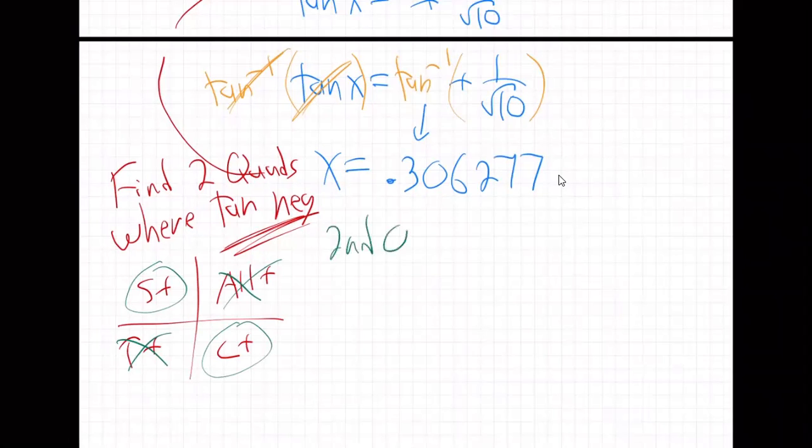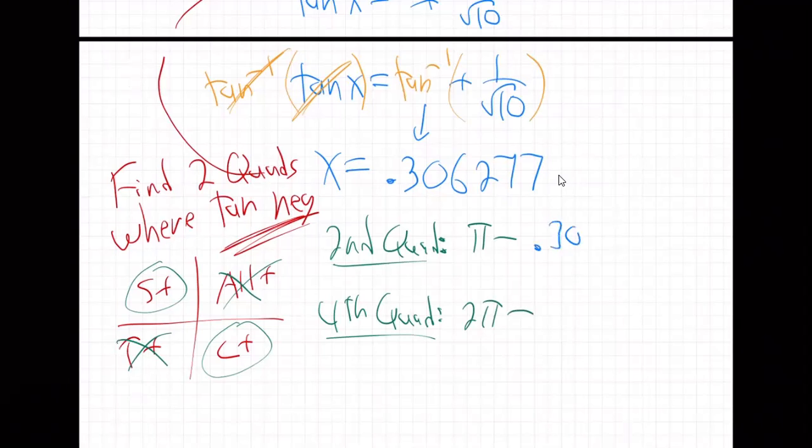So second quadrant, and if you look at the formulas, your second quadrant tells you to take pi minus your answer, and fourth quadrant tells you to take 2 pi minus. Minus what? Minus your answer, minus your 0.306277.